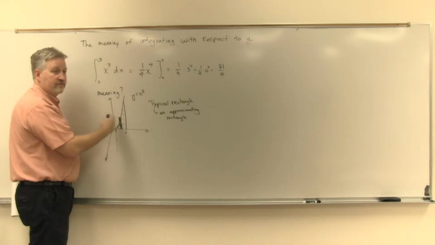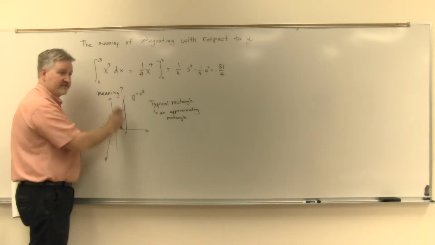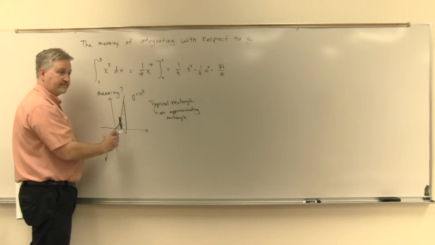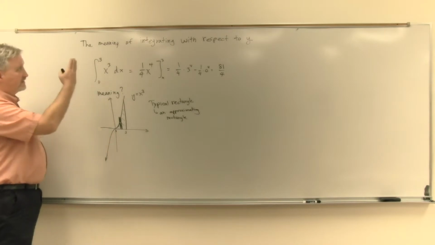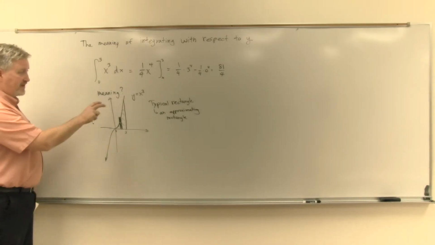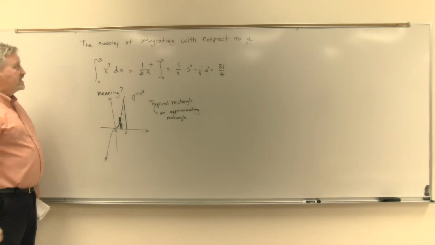You can use left-hand endpoints, right-hand endpoints, it doesn't really matter. They're just interested in showing that the typical rectangle would look like this. Now, that gets to what we really want to talk about. So if they ask for a typical rectangle, it's just drawing in something like that, okay?